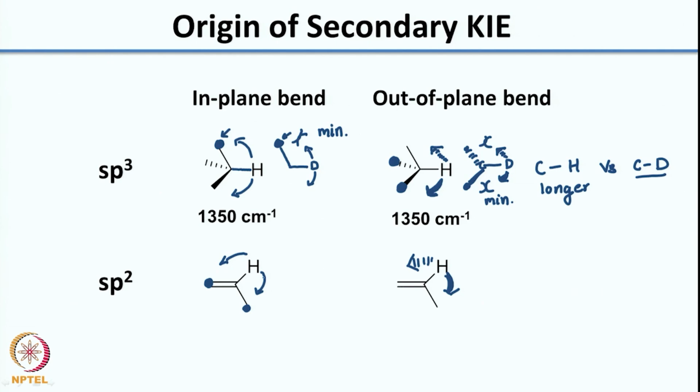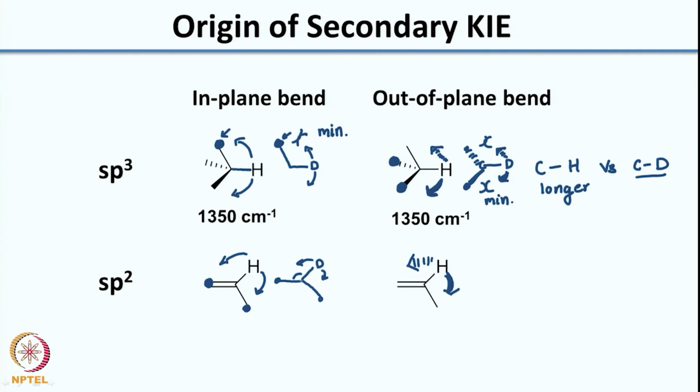So here again in the case of CD, this would be smaller. But remember, in this case, since the atoms are farther apart, the effect is not as pronounced as your CH bond.